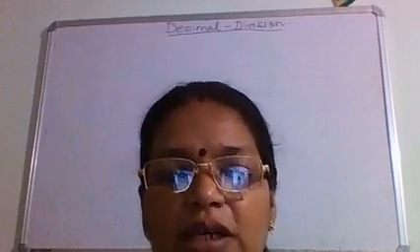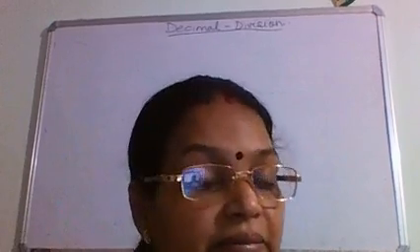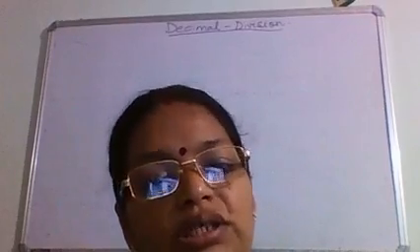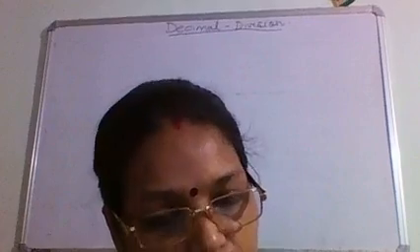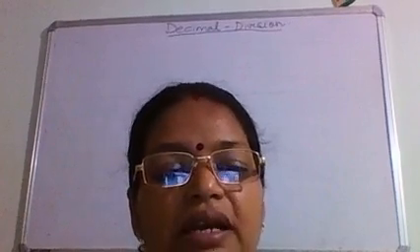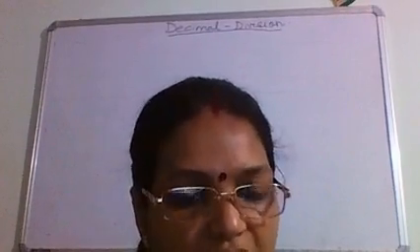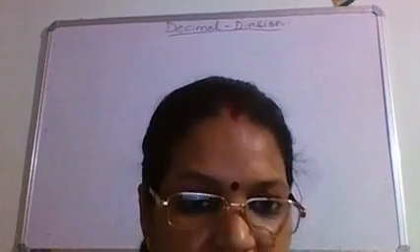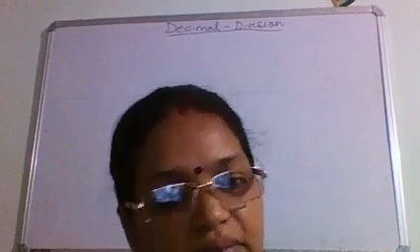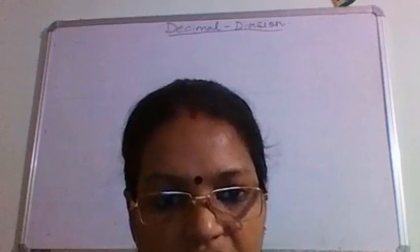When you are multiplying by 100, decimal shifted towards right twice. When you are multiplying decimal number by 1000, the decimal shifted towards right after 3 digits.